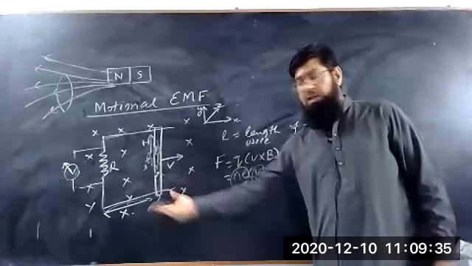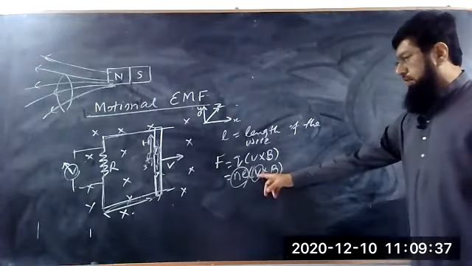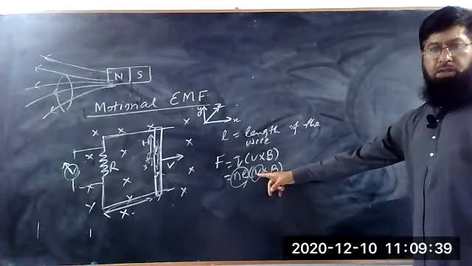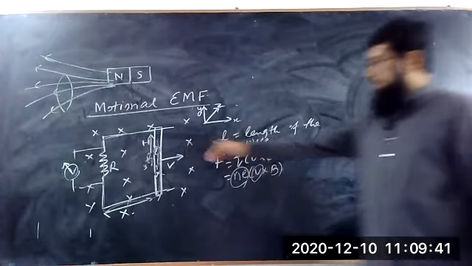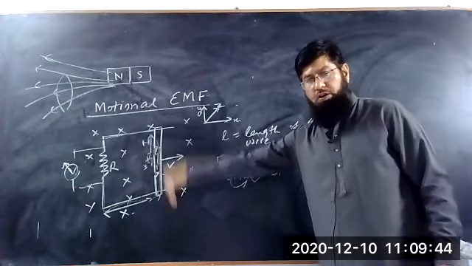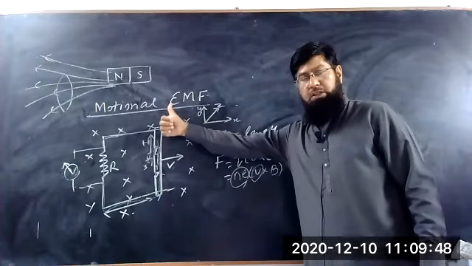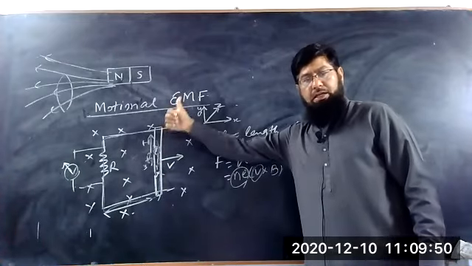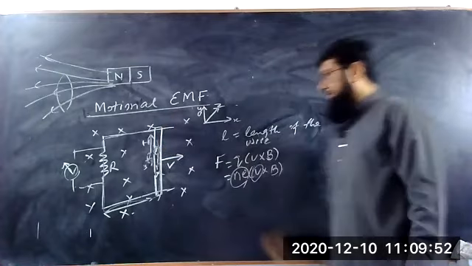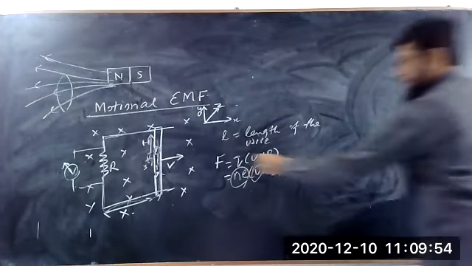The induced EMF is only produced when the wire is in motion. If it is in motion, it will experience the force in the downward direction. Therefore, the current direction is upward, and we call it the conventional current.